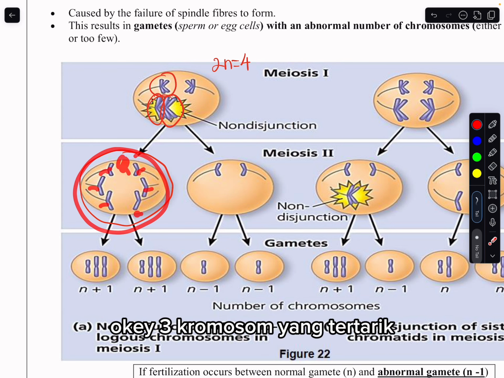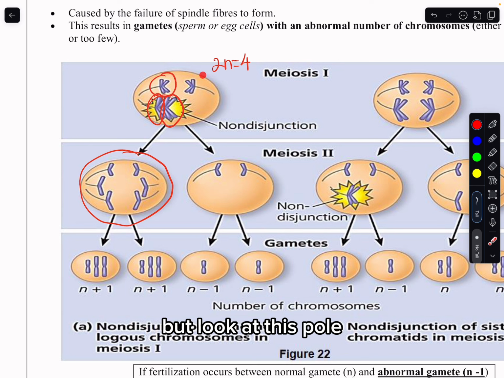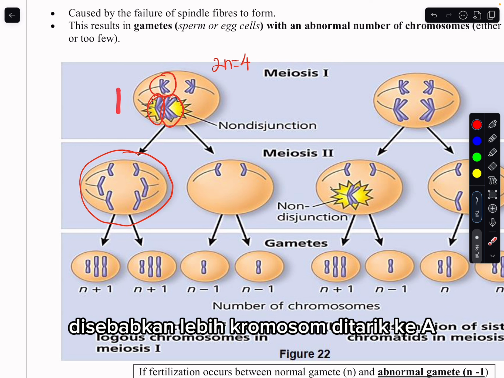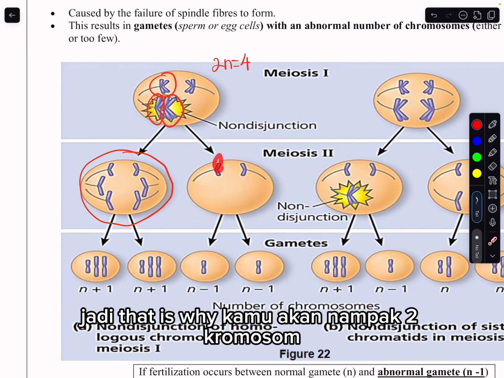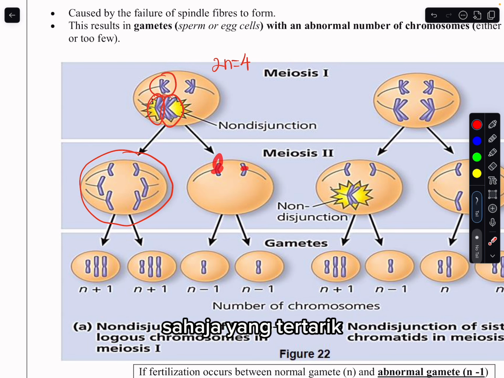That's why dekat sel ini kamu nampak ada 3 kromosom yang tertarik. But look at this pole B. Untuk pole B, disebabkan lebih kromosom ditarik ke A, of course sini kurang lah. Jadi that is why kamu akan nampak 2 kromosom sahaja yang tertarik.